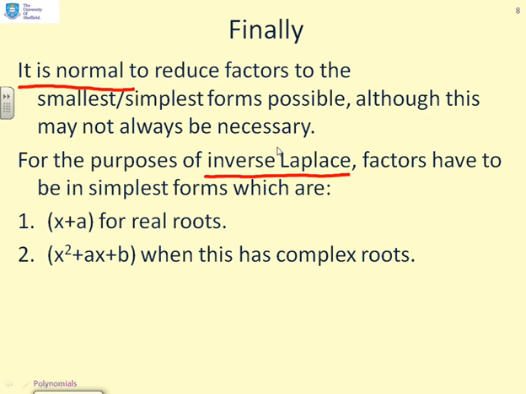Well, if the roots are real, the simplest forms take the form x plus a, or possibly x minus a. If there are complex roots, the simplest forms are quadratic, so they take the form x squared plus ax plus b. If you have a polynomial which is a cubic, you can always reduce it to an x plus a times a quadratic form.